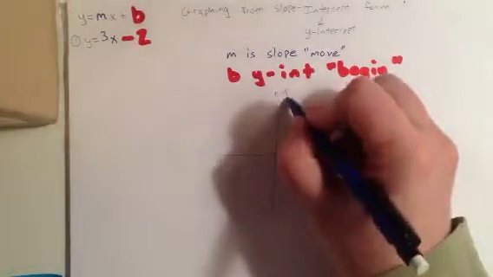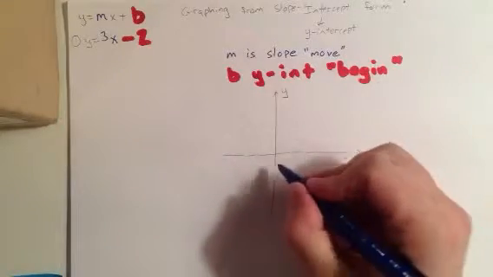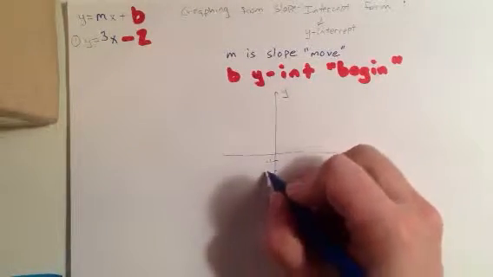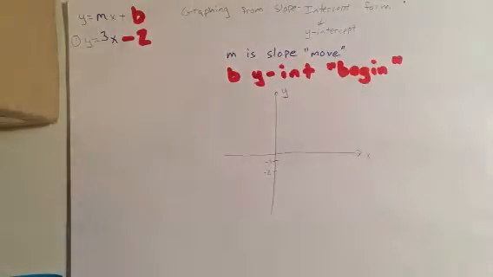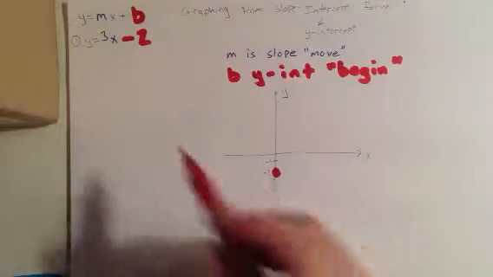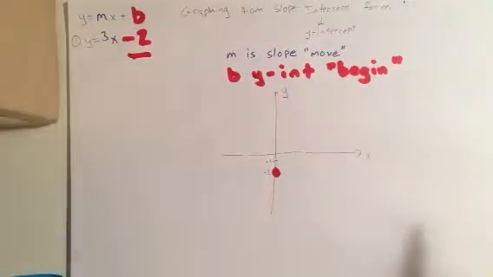Here's the x, here's the y. Begin at negative 2, so mark off 2 spots down. Remember, this is negative 1, negative 2, and I'm going to plot my y-intercept there. That comes from this minus 2.